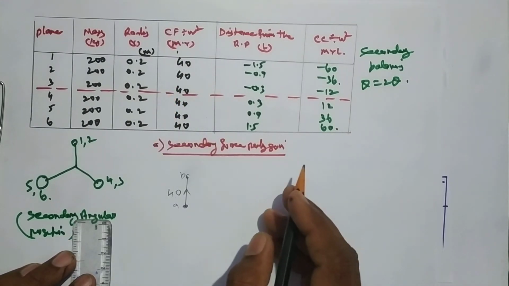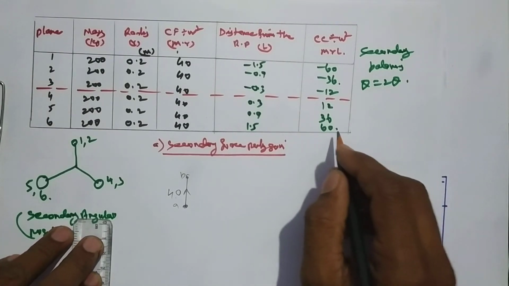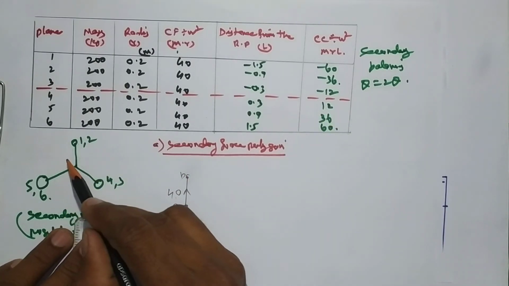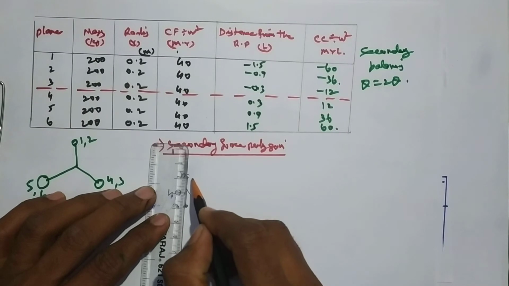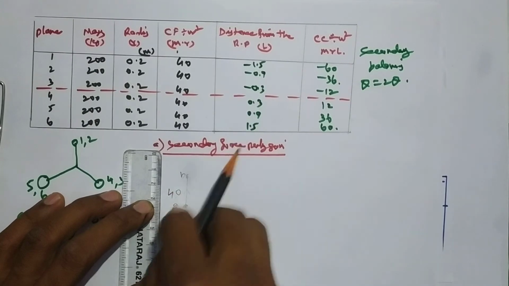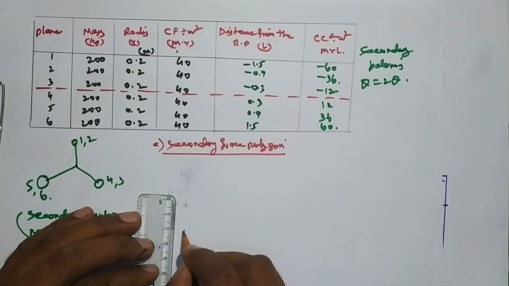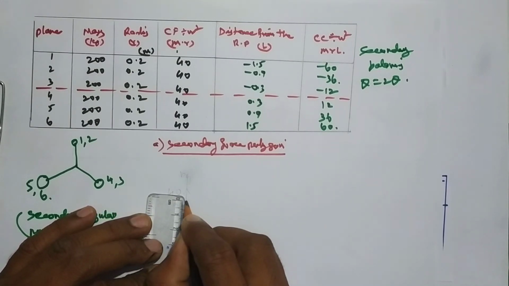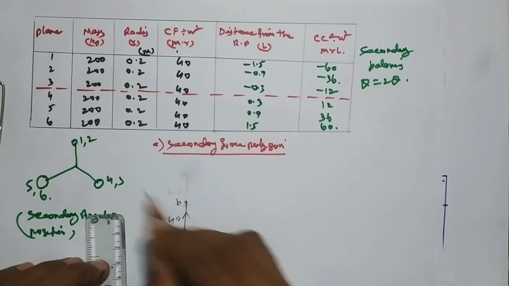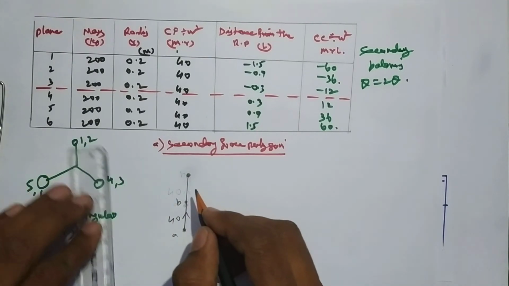Next, according to the firing order, what is the next one? According to the firing order, 1, 4, or otherwise you can draw it according to this angular position, nothing else. Again you should draw in upward direction. The space is not enough, so just mark a point here and draw it upward. So this A point, B point is 40 for the first cylinder. Immediately the second cylinder you should draw.